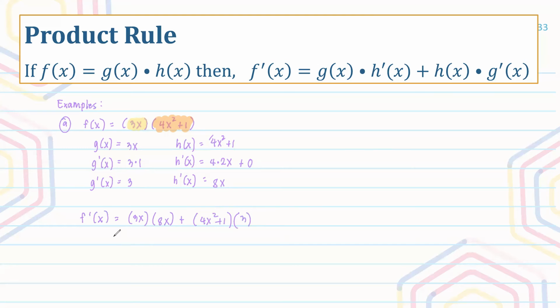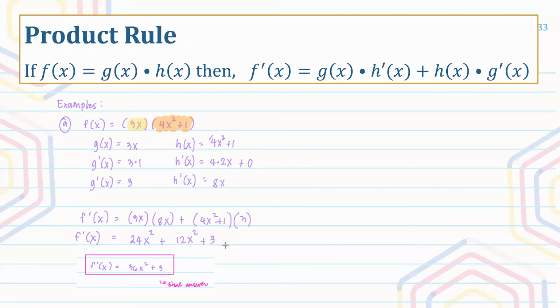All right? You multiply now, so you have 3x times 8x. This is 24x squared plus, okay, distribute 3 to our binomial. This is 12x squared plus 3. And combining like terms, our final answer will be 36x squared plus 3.